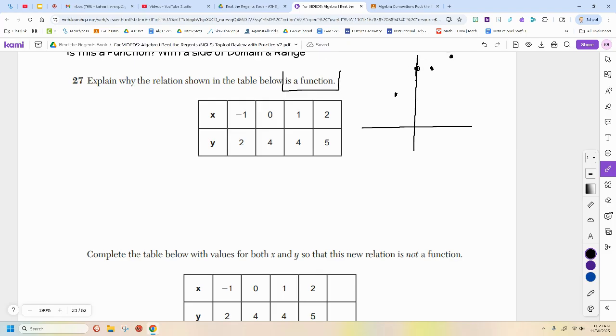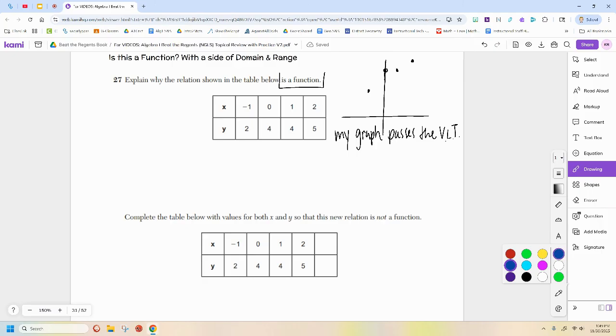And at 2, we're up at 5. So you could say my graph passes the vertical line test. Each x input has no more than one output.